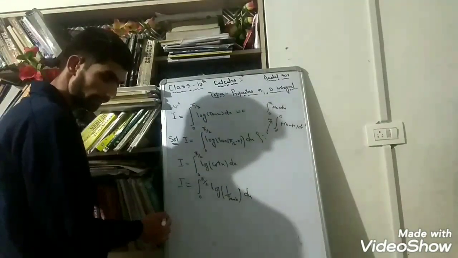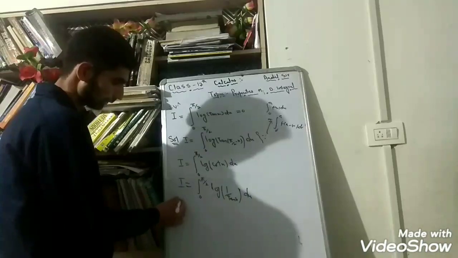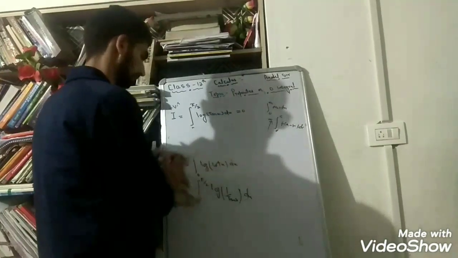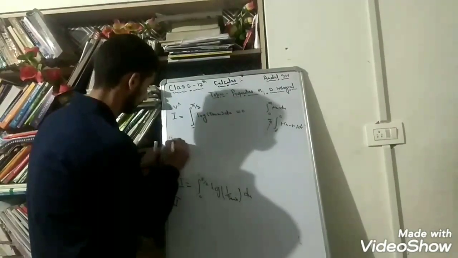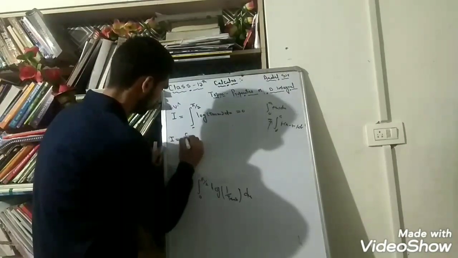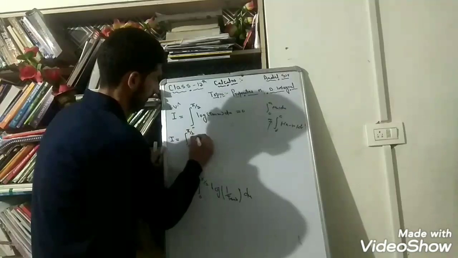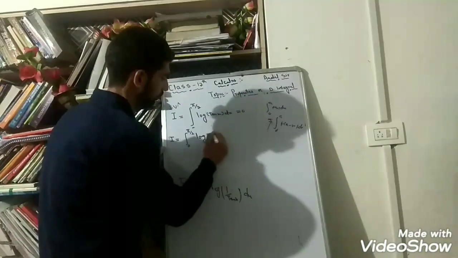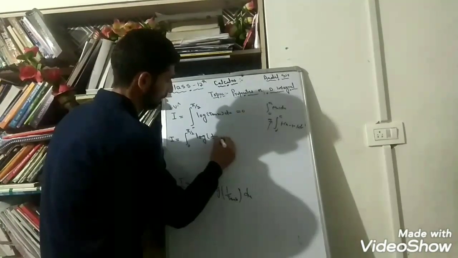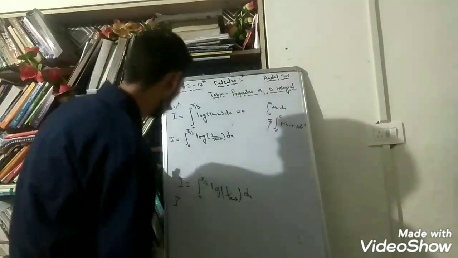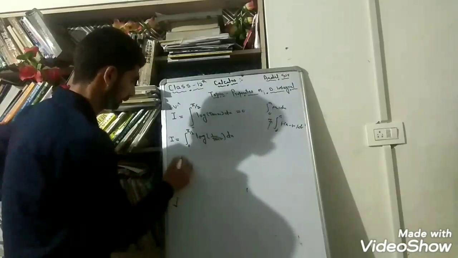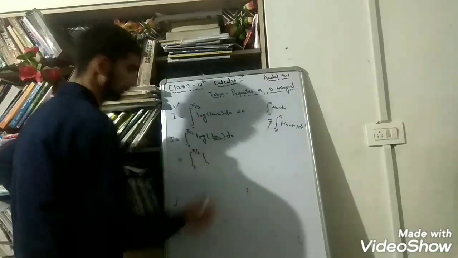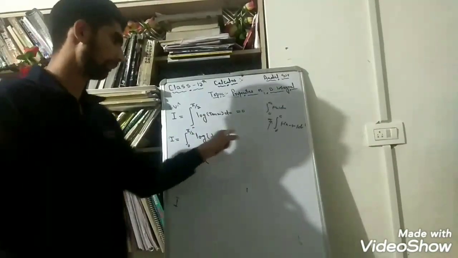Now we are getting I equals the integral from 0 to pi divided by 2 of log of 1 divided by tan of x dx. Here we know that log of m divided by n is log of m minus log of n.